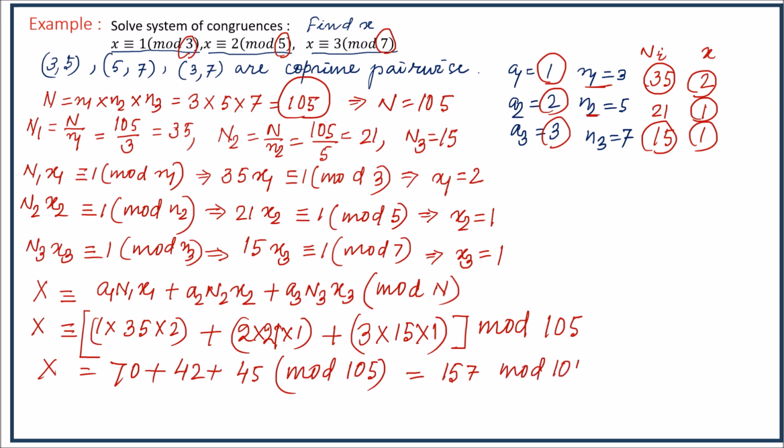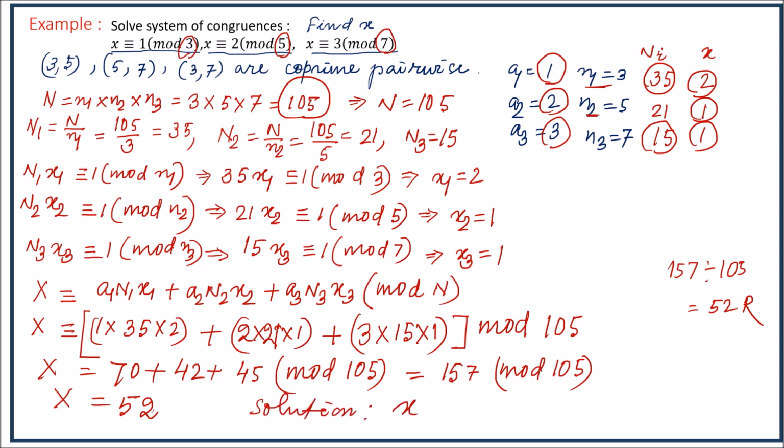That means if we divide 157 by 105, what is the remainder? 52 is the remainder. So 52 is the answer here. X equals 52. So the solution is x is equal to 52. I hope it's easy for you. Now you feel easy. Next question.